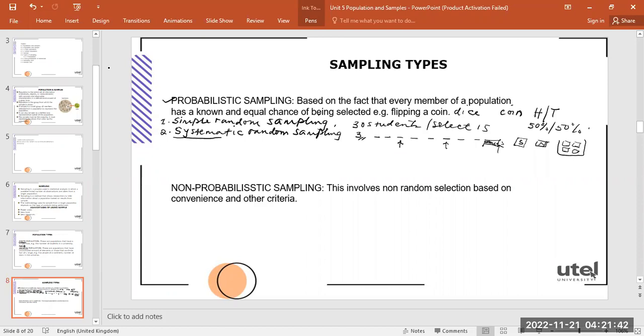Now, the third type of probabilistic sampling is what we refer to as stratified sampling.